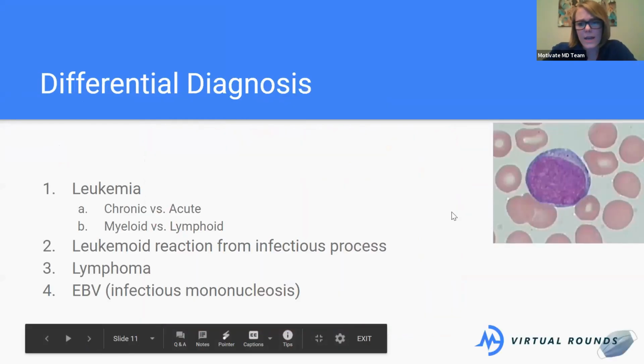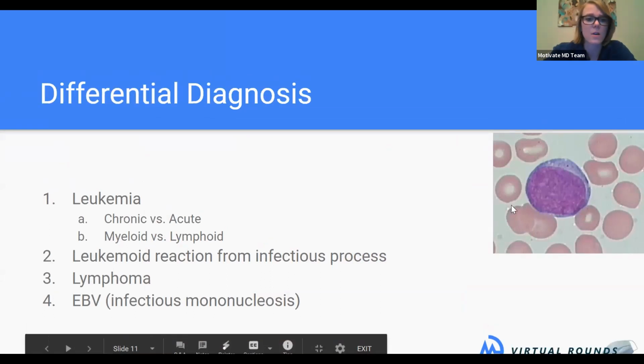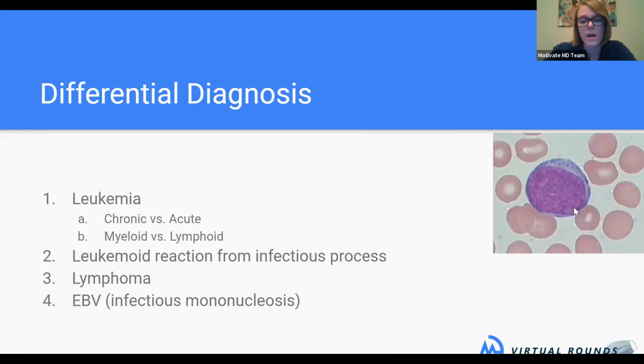And then I skipped over this initially, but here's a blast cell on this differential diagnosis slide. This is what I was talking about, those immature cells where you see a big nucleus to cytoplasmic ratio. The nucleus fills up the whole cell.